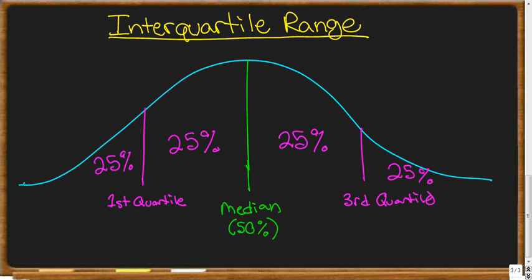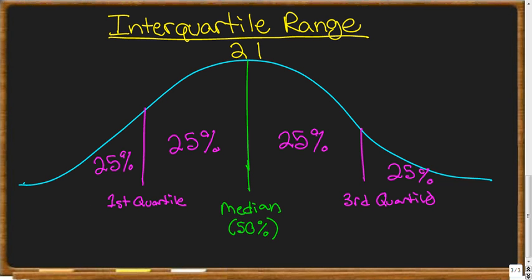Now, this is just a way to split our data. Just to give you an example so it doesn't sound crazy. Let's say the median score on the ACT was a 21. That's about the median of what people scored. I'm just pulling these numbers out. It could be completely wrong. But let's say the 50th percentile is at 21. So let's say we want to know what's the 25th percentile, which is down here.